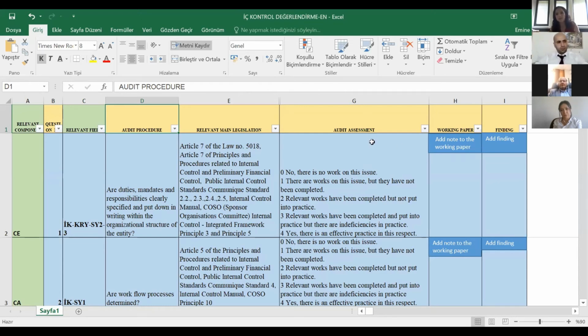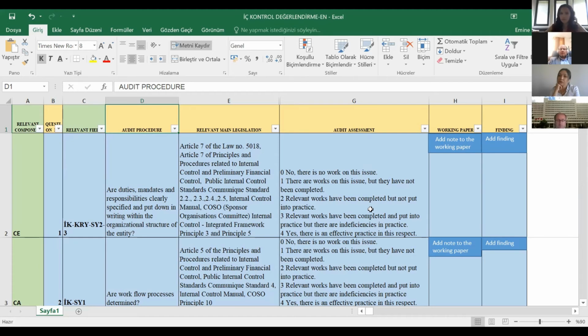Let's look at our scores. As you can see, there are some numbers from 0 to 4. We have these numbers because we also want quantitative results. So I would like to link these scores with the requirements of the effective internal control systems.